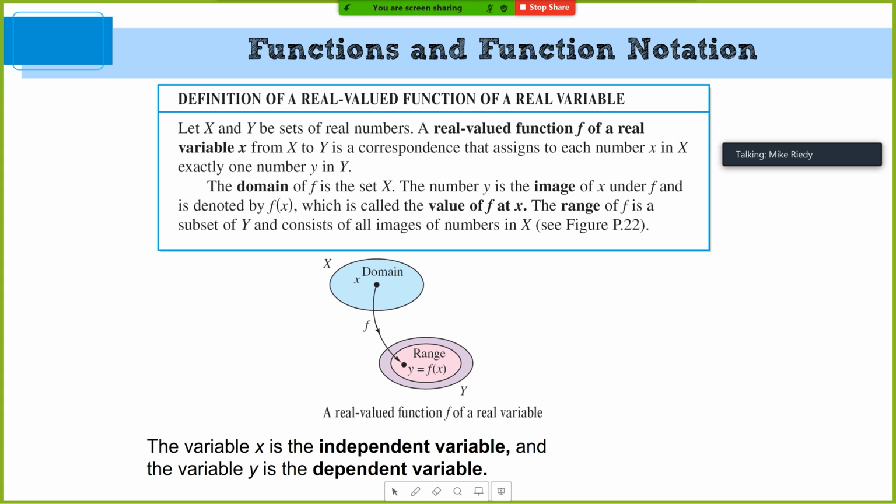The x value is the independent value. So you're going to plug a number in for x, whatever number you want, and it's going to spit out a value for y. That value for y is dependent, hence the name, on the value that you plug in for x. And again, you should know that, but I just wanted to refresh your memory.